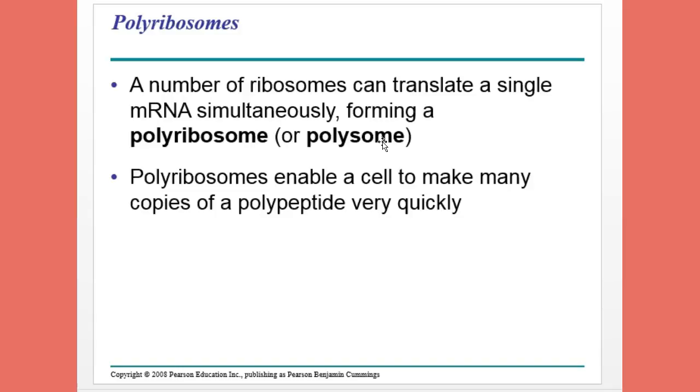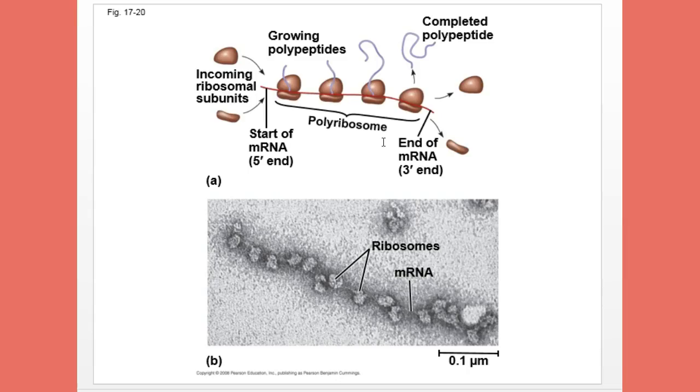A number of ribosomes can translate a single mRNA simultaneously, forming a polyribosome or a polysome. Polyribosomes enable cells to make many copies of a polypeptide very quickly. This figure here, also on 342, is a micrograph showing a large polyribosome in a bacterial cell. Okay, there are your ribosomes all translating the mRNA.